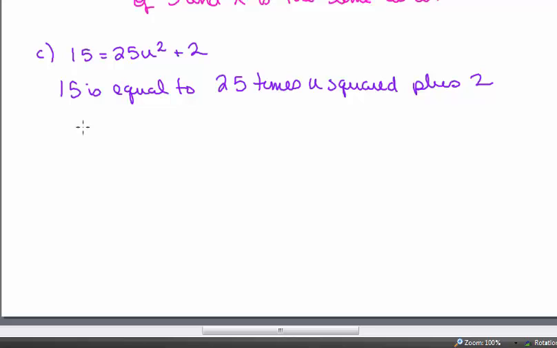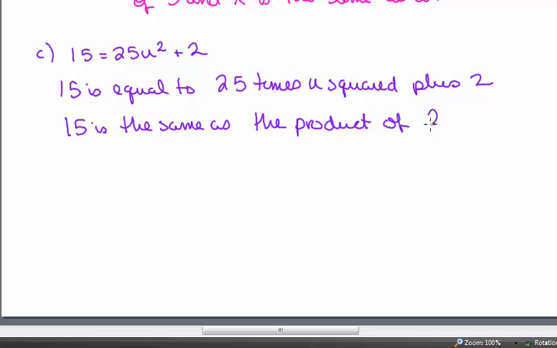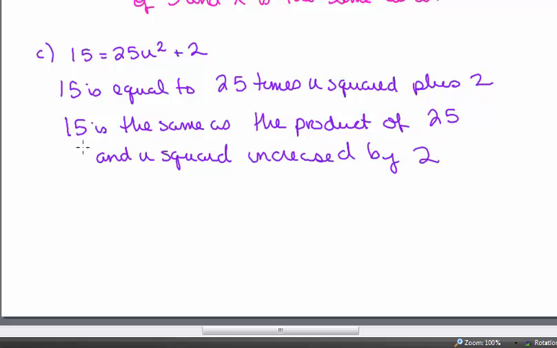I could write 15 is the same as the product of 25 and u squared increased by 2, etc.